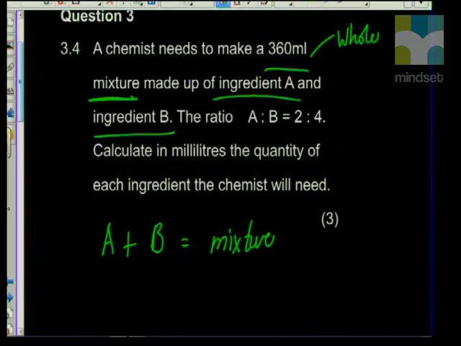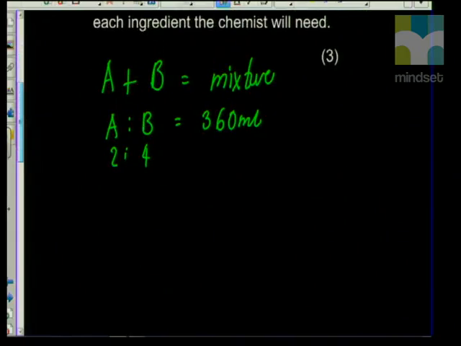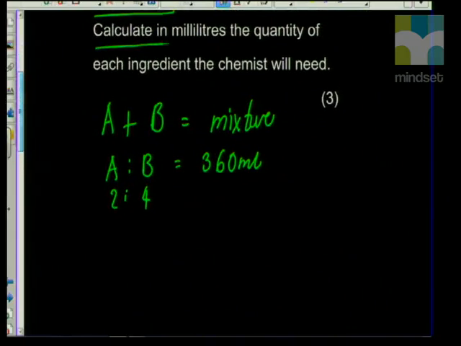Okay, the ratio of A to B is 2 to 4. And my mixture altogether is 360 milliliters. And the question is, calculate in milliliters the quantity of each ingredient the chemist will need.